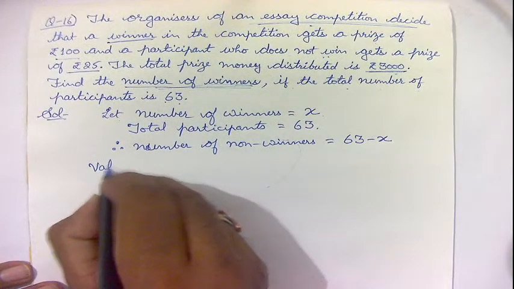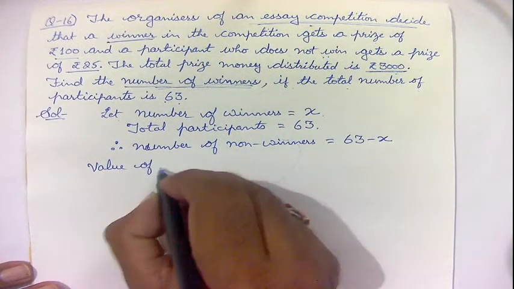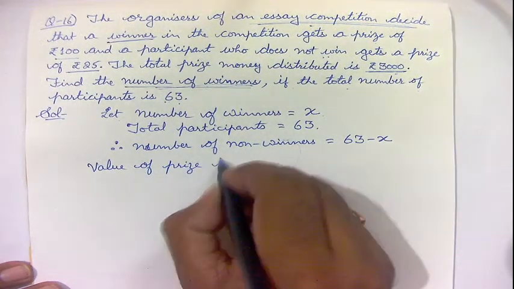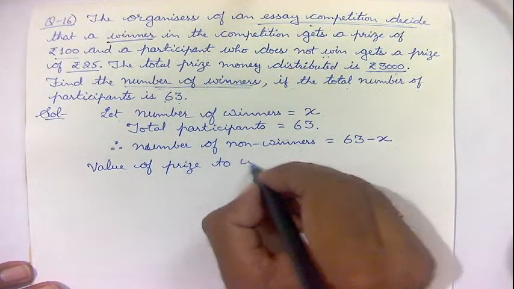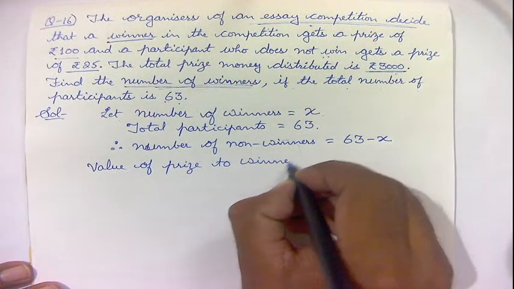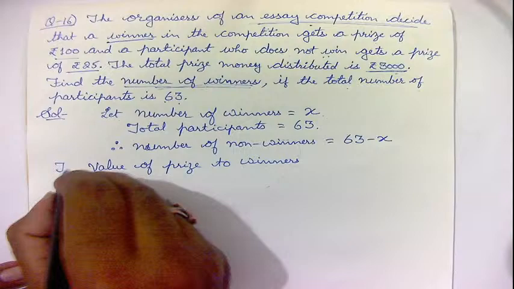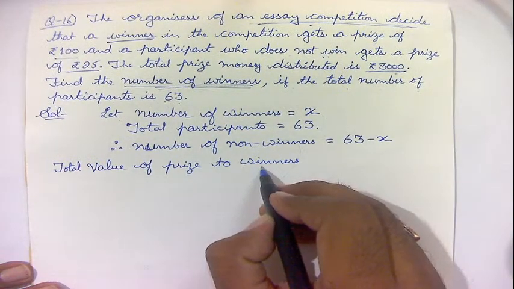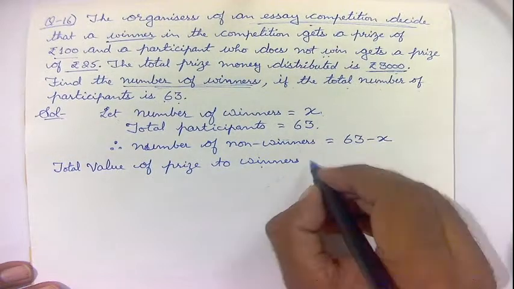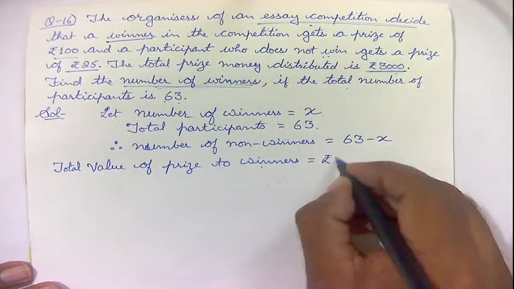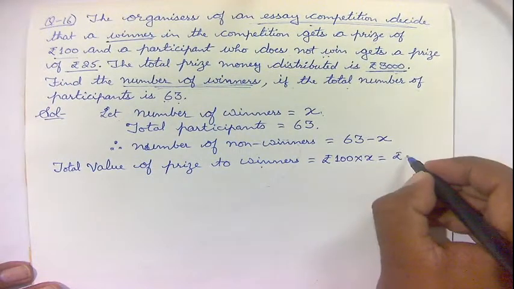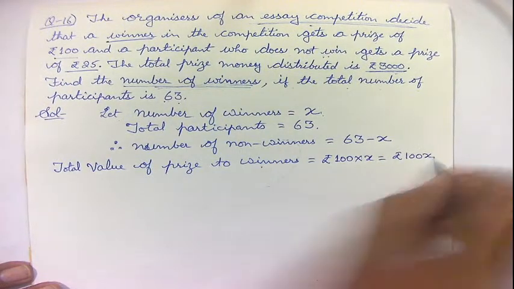So value of prize to winners. We are talking about the total value, because one winner is going to get rupees 100. There are x winners. So the total value becomes rupees 100 multiplied by x. That is rupees 100x.